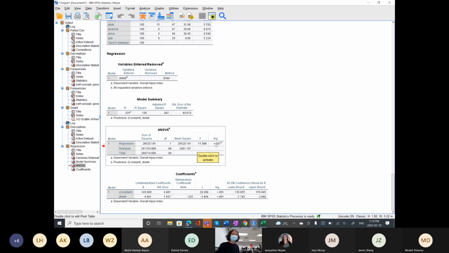When p-value is smaller than alpha, we conclude it is significant. Significant means this is a good model. Good model means there is a relationship between injury and body strength. Okay.